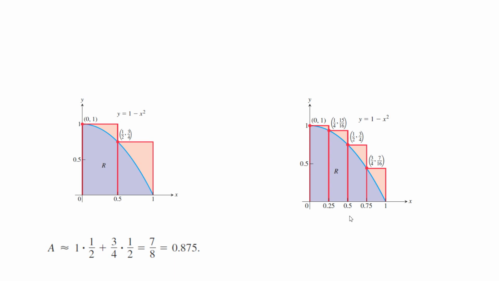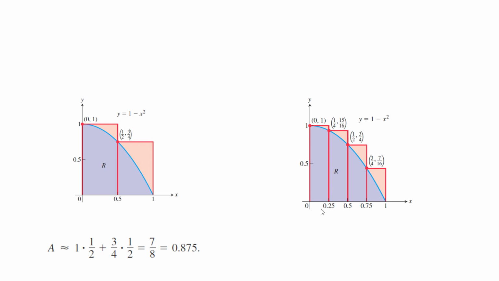And in general, if the interval initially is ab, then the length of the subinterval is equal to b minus a divided by the number of rectangles. See, in this case we have two rectangles, then the length of one subinterval is 1 minus 0 divided by 2, that is 1 by 2, and in this case 1 minus 0 divided by 4, that is 1 over 4.